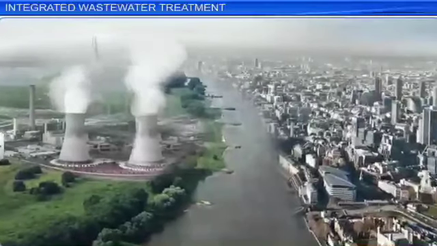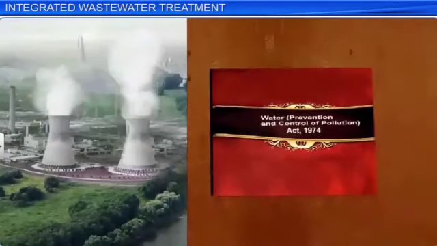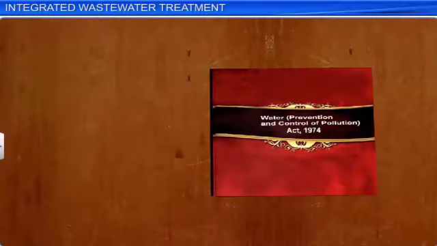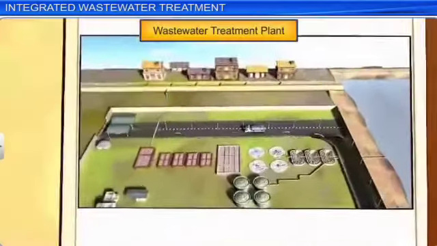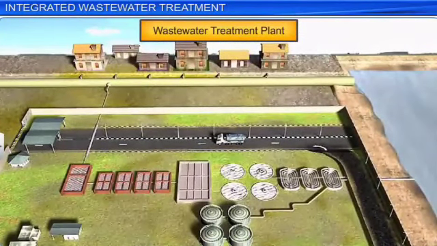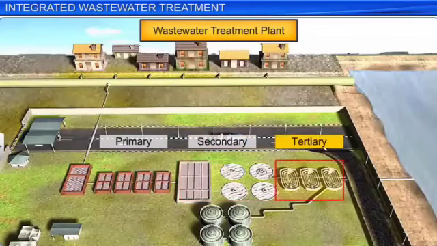Realizing the importance of clean water, the government passed the Water Prevention and Control of Pollution Act in 1974. This act made it mandatory to treat wastewater in treatment plants. The treatment consists of 3 stages: primary, secondary, and tertiary.